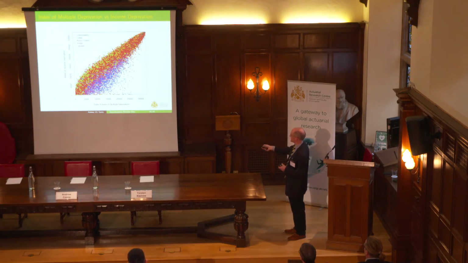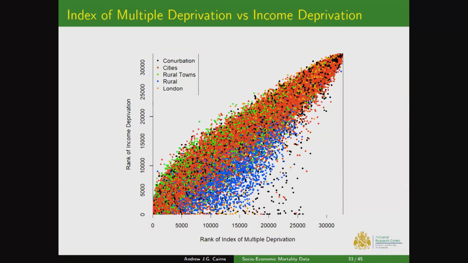But you can also see there's lots of blue dots, and that's the rural areas. Each dot is one LSOA. The blue dots are saying that in these rural areas there is lots of deprivation as such, but there's not so much in the way of income deprivation. So the rural people are deprived in other ways rather than having low incomes.